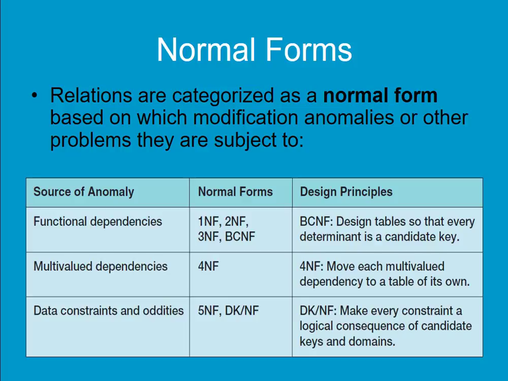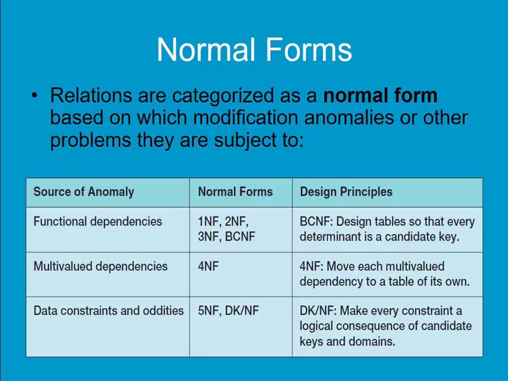And when you're working with normalization, there are anomalies that you can look for. You can see that relations are categorized as a normal form based on which modification anomalies, or other problems they are subject to. And you can see that the first normal form, second normal form, third normal form, and BCNF can have the functional dependencies anomaly.